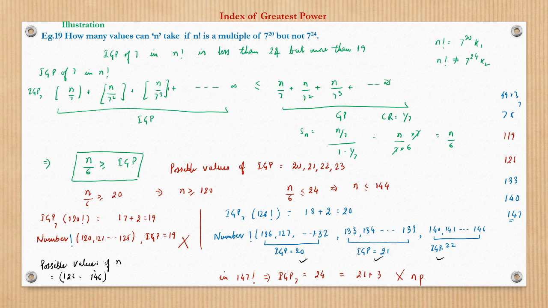How many values is it? This is 21 values, I think. Yeah, right, 21 values. So this is the answer.